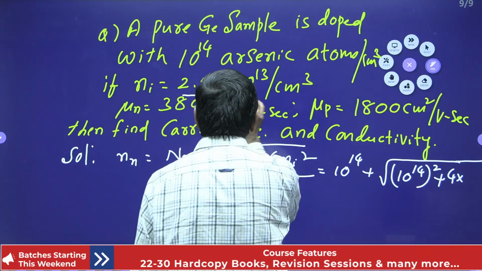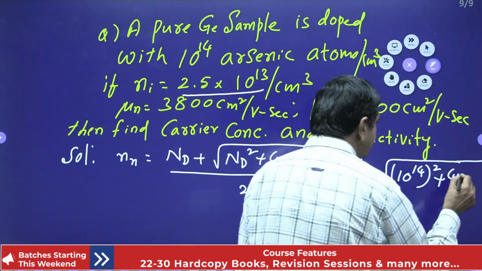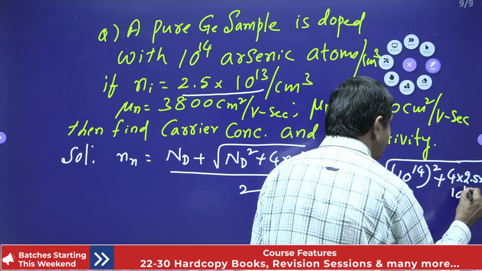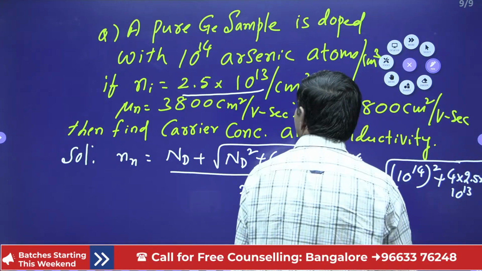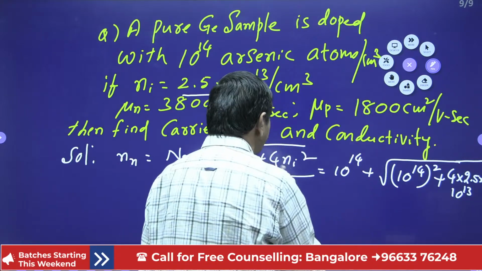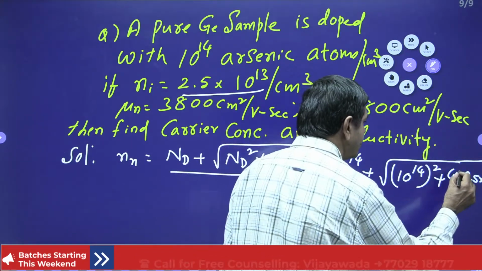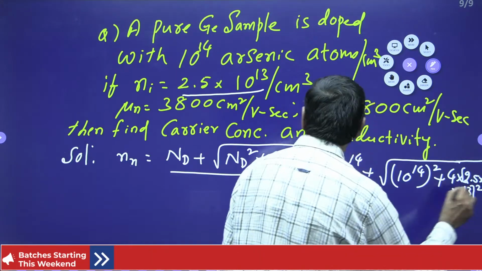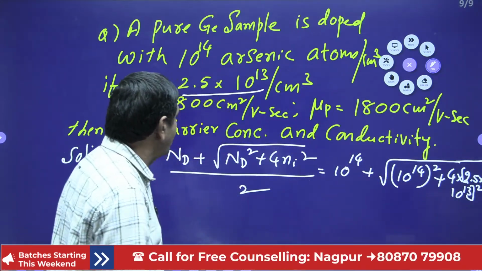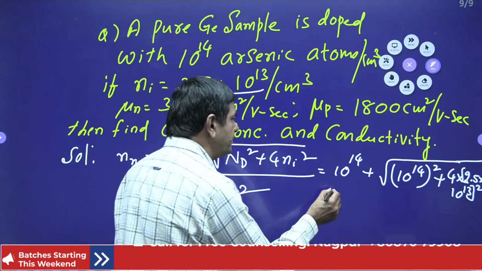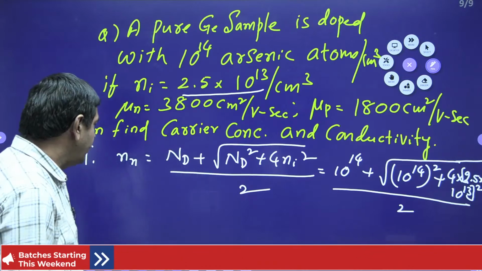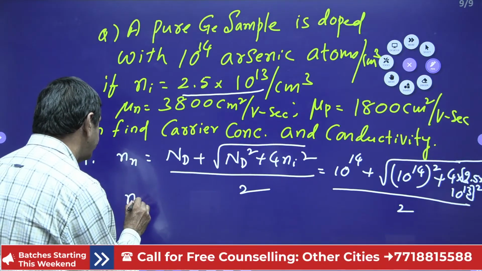Ni is 2.5 into 10 power 13, whole square, so 4 Ni square, whole divided by 2. Use a calculator and you will find Nn.